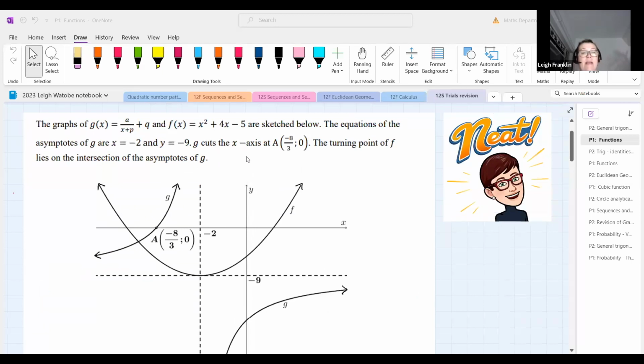G cuts the x-axis at A, this point over here, which has the coordinates -8/3 and 0. The turning point of f lies on the intersection of the asymptotes. So in other words, the coordinates of the turning point of f have to be -2 and -9. Okay, let's go and have a look at the questions.